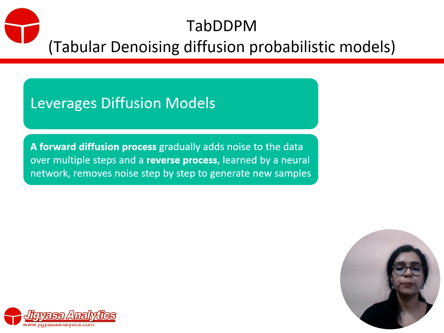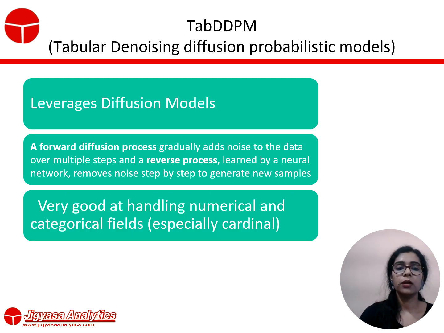Think of it like progressively blurring a clear image. In the reverse process, a neural network is trained to reverse the noise step by step to generate new realistic data samples. One of the strengths of TabDDPM is that it often performs exceptionally well on both numerical and categorical data, especially high cardinality categorical fields, which are often a challenge for other generative models.